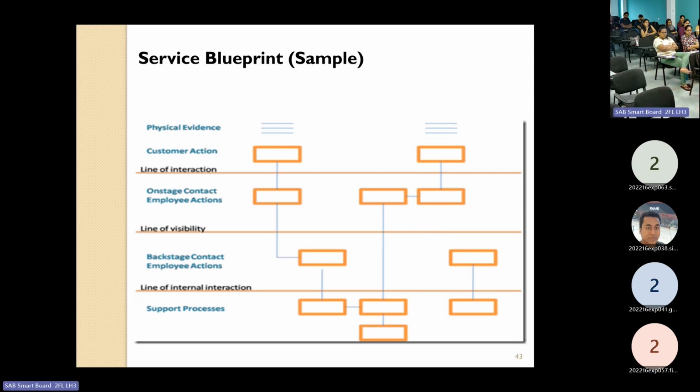Above the line of visibility, we call them front office operations that customers can engage with and see. Below the line of visibility are backstage or back office operations in the service that are essential to provide the front office service. So in that way, we demarcate service operations in a service blueprint.